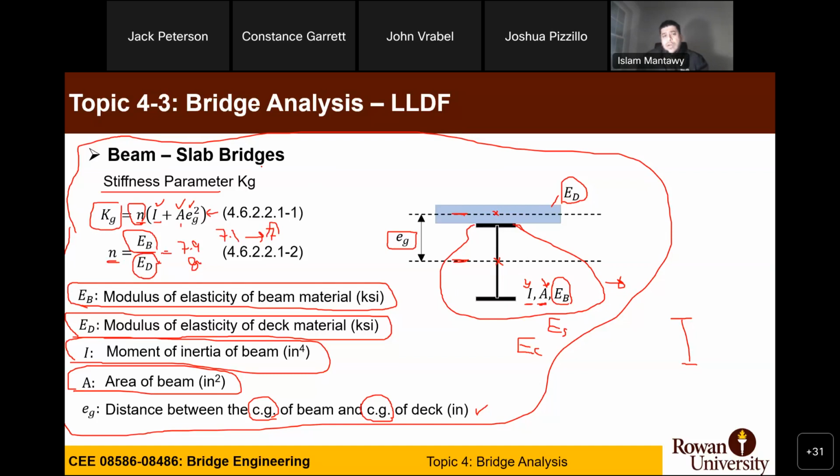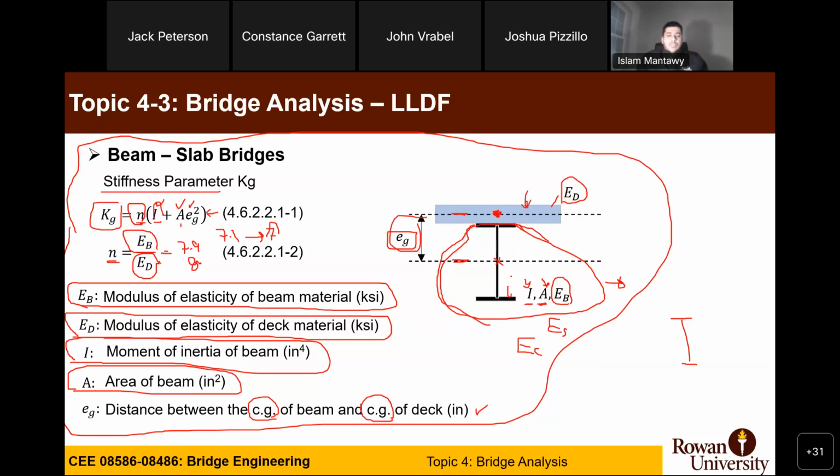So why do we ask you to calculate this parameter Kg? If you think about it, it's as if we take the moment of inertia of the girder with respect to the CG of the bridge deck. So it's area times Eg squared plus inertia of the girder, times N to convert from steel to the deck material, concrete for example.